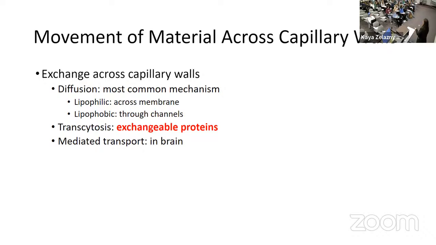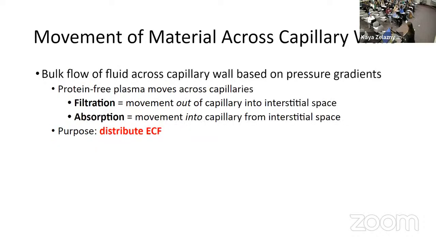They're going to have to move via transcytosis, so we have to actively surround them and allow them to move. We didn't talk much about our glial cells in the neuro unit, but there is also mediated transport in capillaries in the brain. Mediated means kind of like controlled.